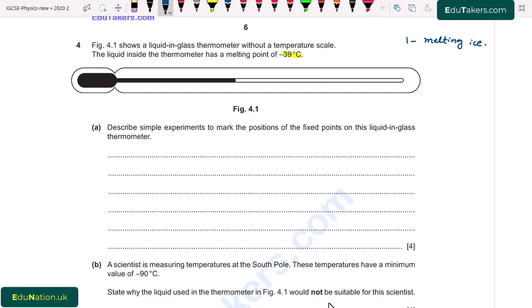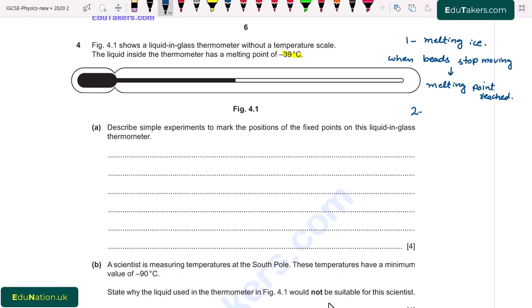When the bead stops moving, then it means that the melting point has been reached. Second, we also have to mark the position of the second fixed point.